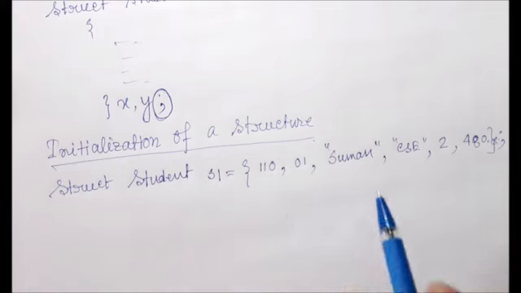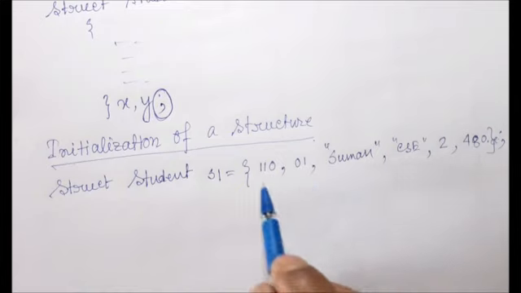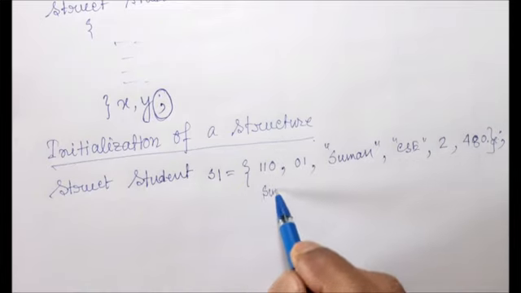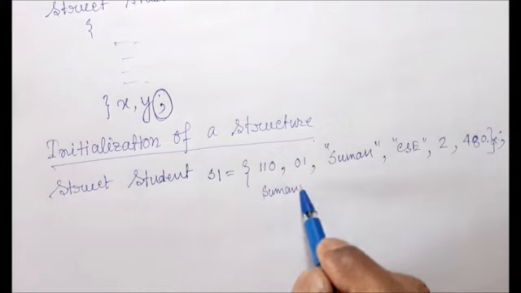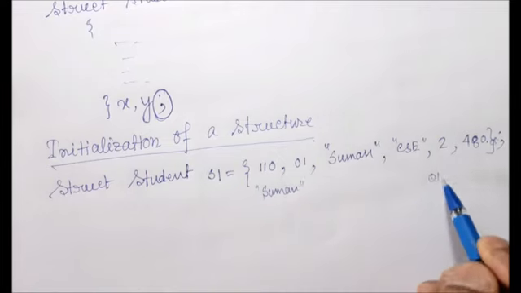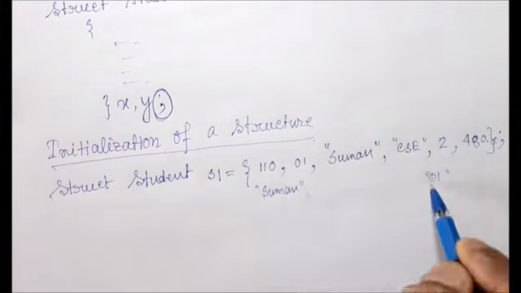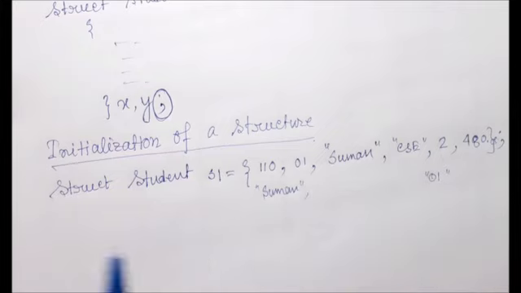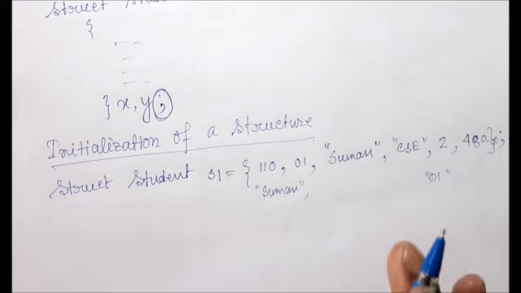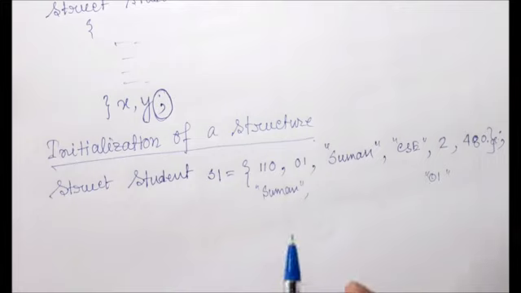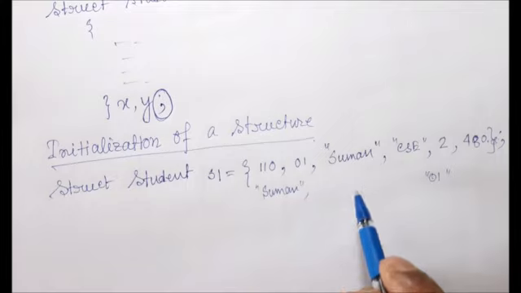So we cannot write Sumon first, then write the roll number at the end. The order of declaration and the order of initialization must be the same. You have to follow the way you declared the structure members.